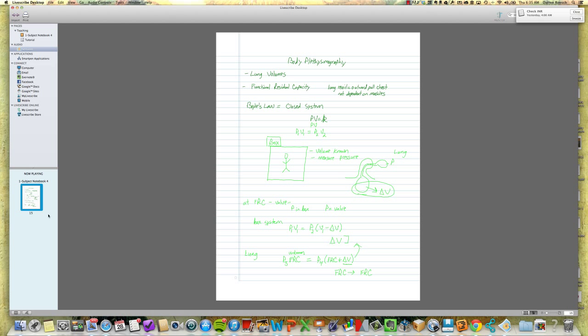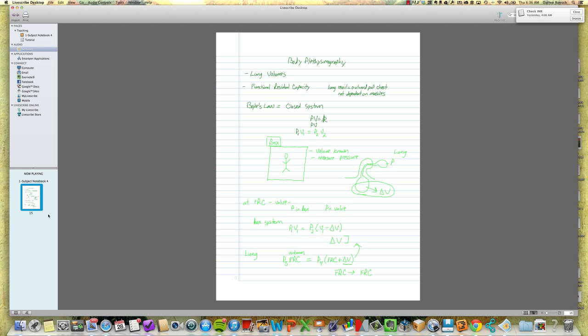So pressure times volume equals a constant, K. As a result, in this closed system, if you raise volume, you lower pressure. If you raise pressure, you lower volume. The two are inversely related. So the pressure times volume remains constant within this closed system.